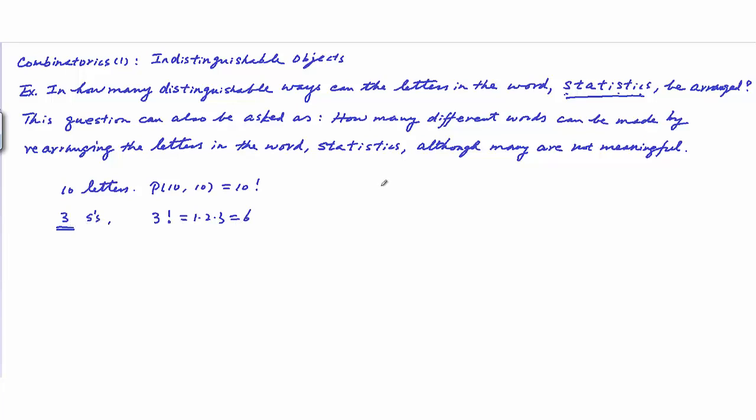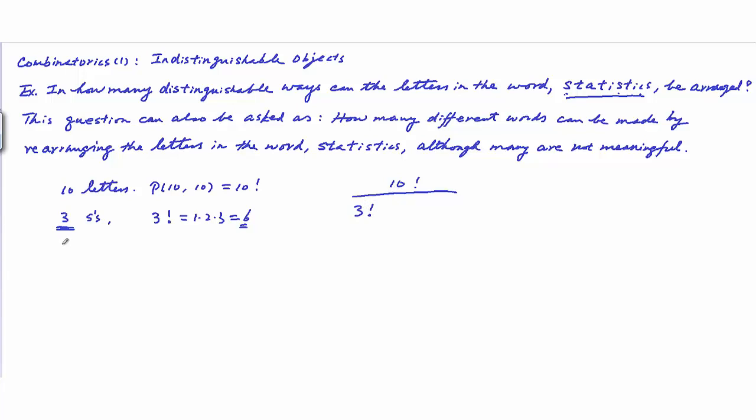Similarly to how we find combinations, 10 factorial is the number of permutations we would get by rearranging 10 letters. But the 3 S's have 3 factorial ways that do not generate new words, so we need to divide by 3 factorial.